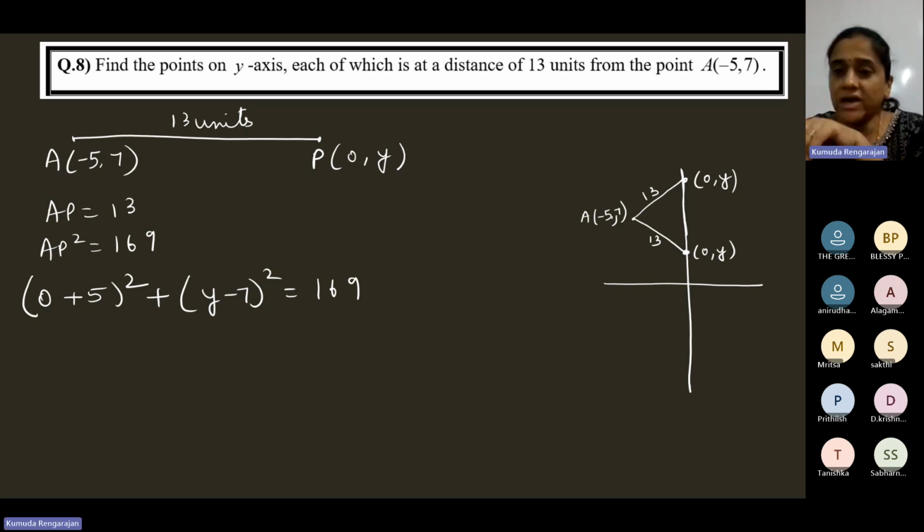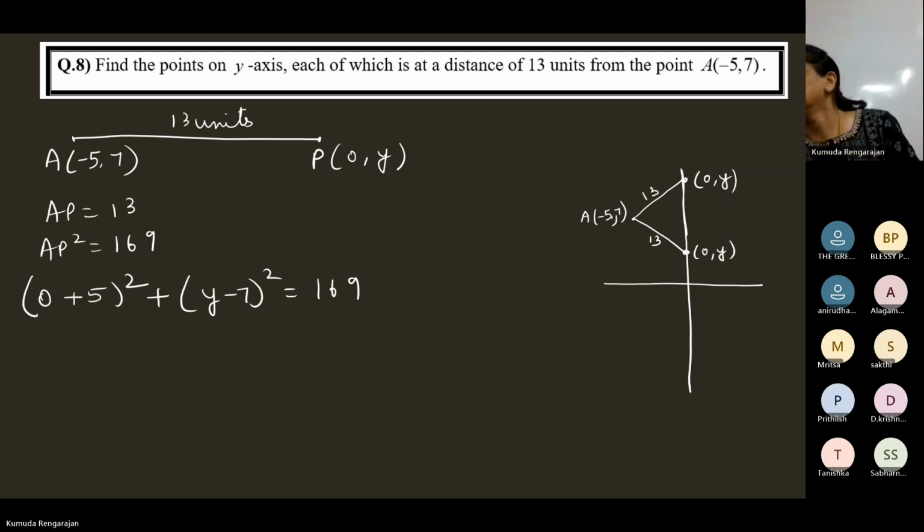Okay. So we have this point minus 5 comma 7, which actually lies on the second quadrant. Now we need to find the address of the points on the y-axis which are at a distance of 13 units from this given point A. So this representation is enough, children.